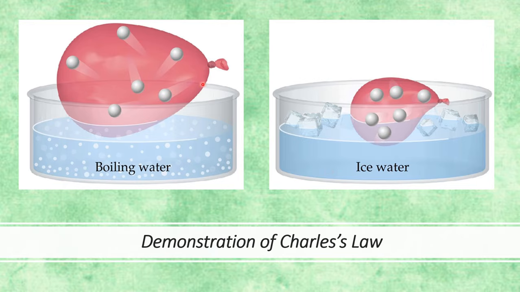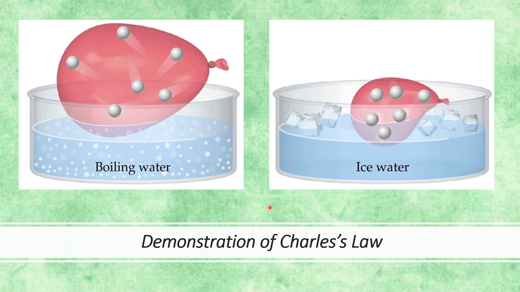Kung mapapansin ninyo, ang gas particles inside the inflated balloon moves faster. At dahil nga iyan sa mataas na temperatura. While on the ice water, ang molecules ng gas inside the inflated balloon moves closer. Dahil dito, ang inflated balloon sa mababang temperatura ay umimpis or nag-shrink.